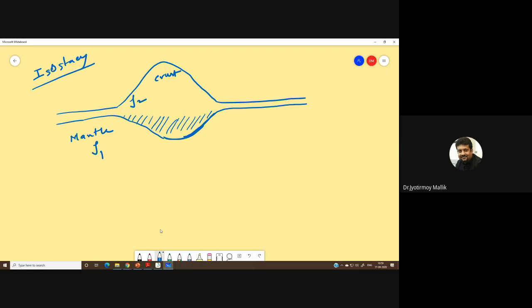So that essentially creates a mass deficit.